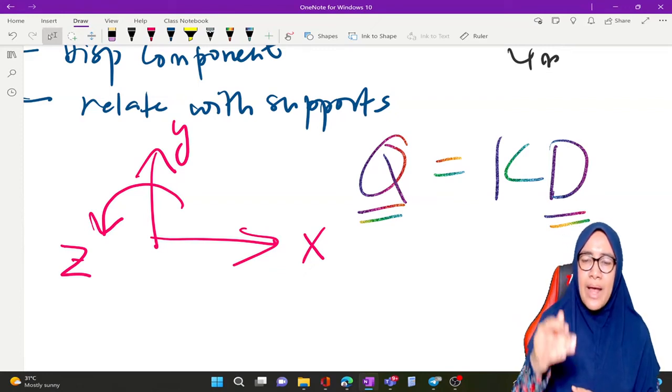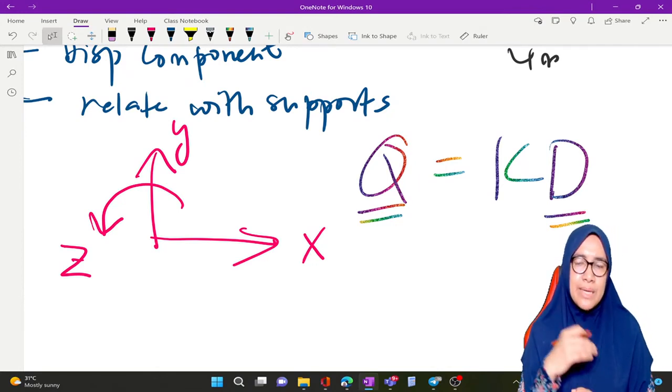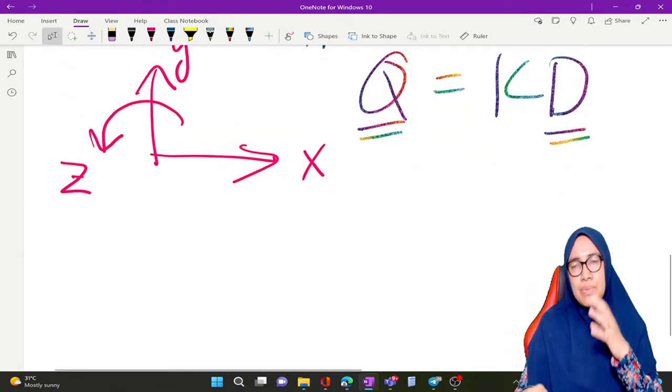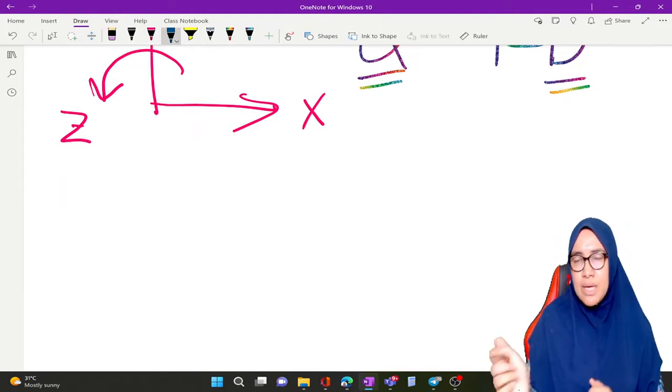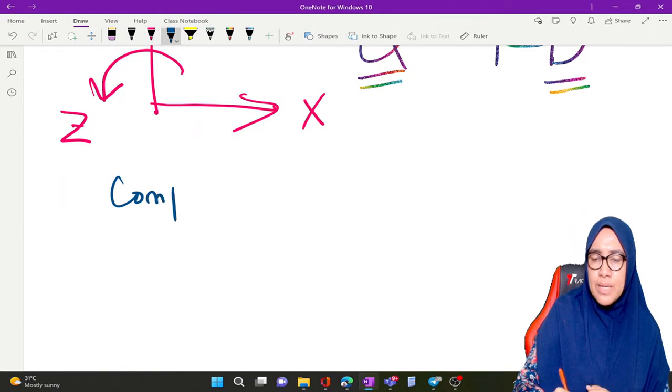X, Y, and Z are the components, so X, Y, and Z must relate with Q and D. Between these components, I try to tabulate it so that you can understand more about this.